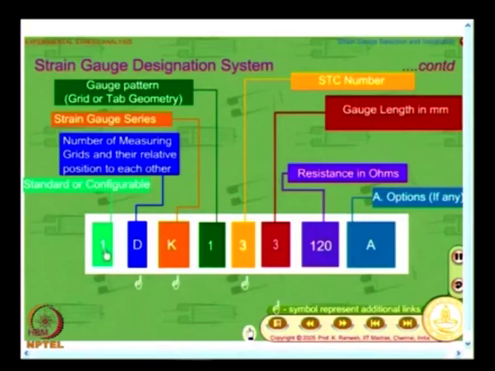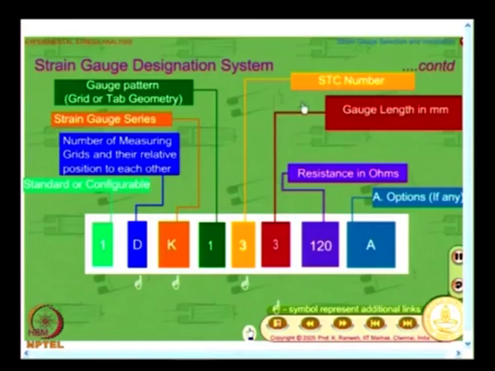You need to know that I have 1, 2, 3, 4, 5, 6, 7, 8 parameters necessary, and the common ones are you have a gauge pattern. He may have a different designation, but gauge pattern is forming part of the designation system. The designation system also gives you STC number, and mind you, the classification of STC number by this manufacturer is different. So, it is manufacturer dependent.